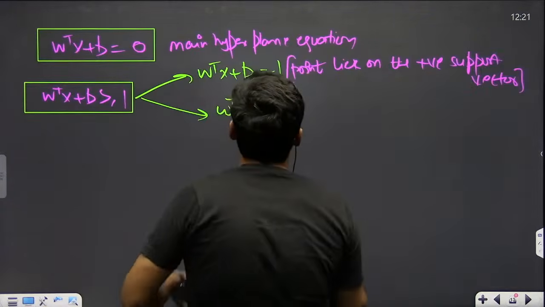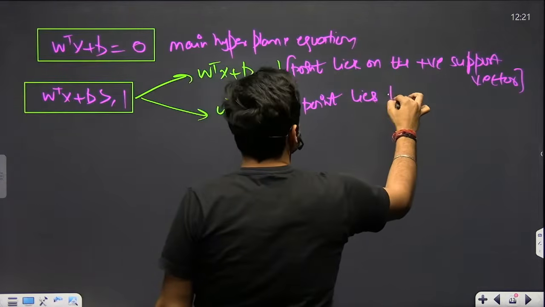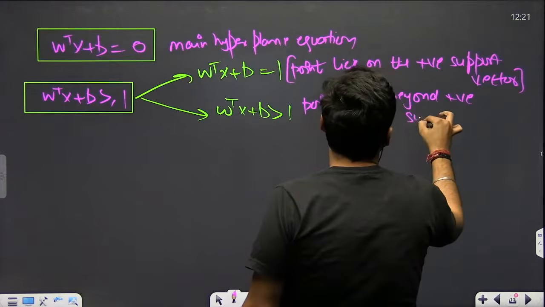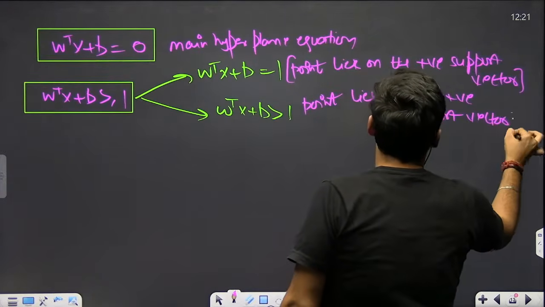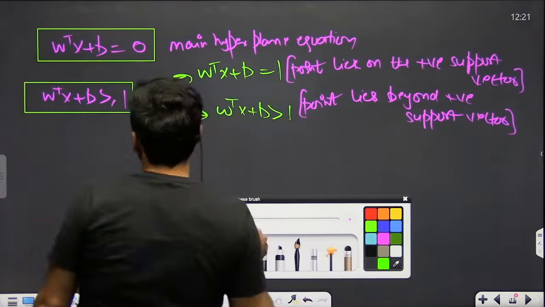If it is greater than 1, the point lies beyond the positive support vector.